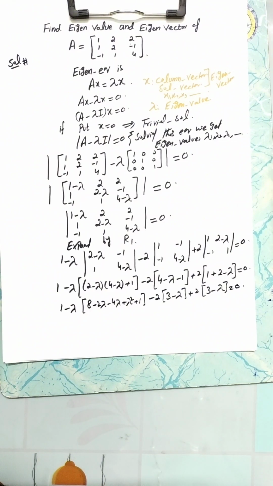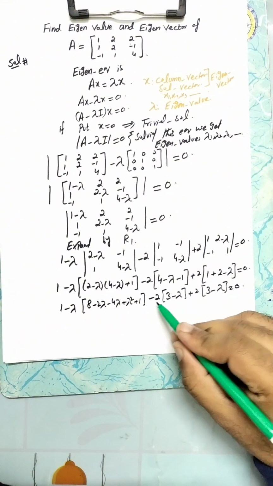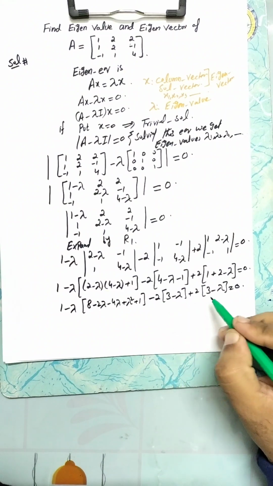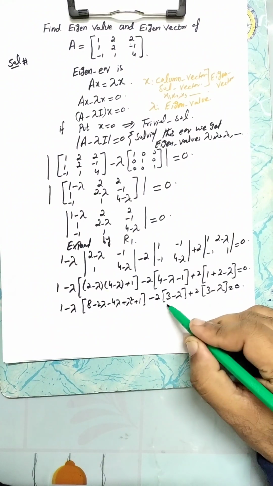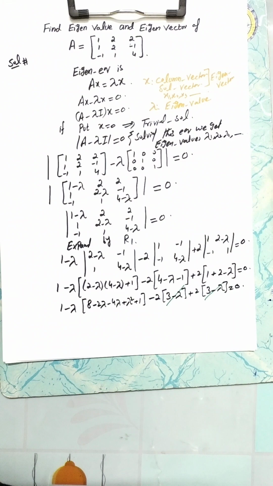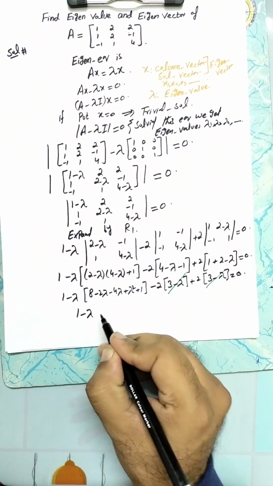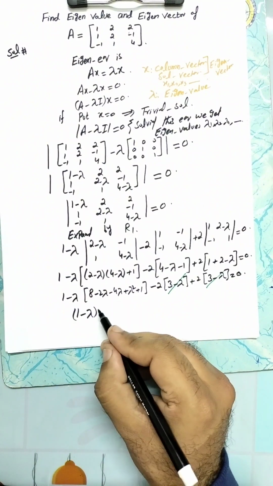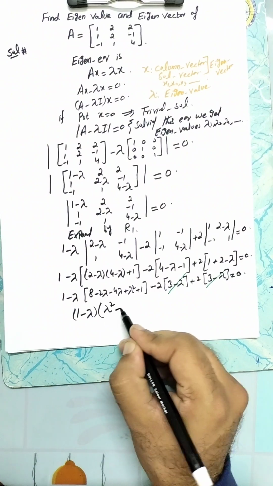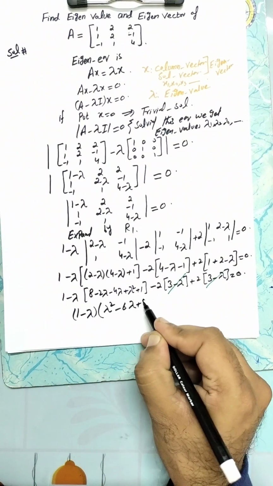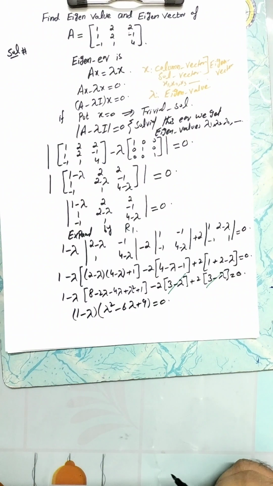We see that these two terms are equal and of opposite sign, so both terms cancel out. No further simplification is required. So this is 1 minus lambda times (lambda square minus 6 lambda plus 9) equal to 0.